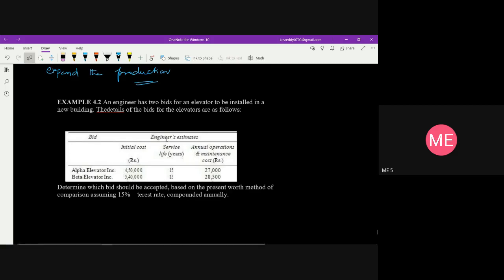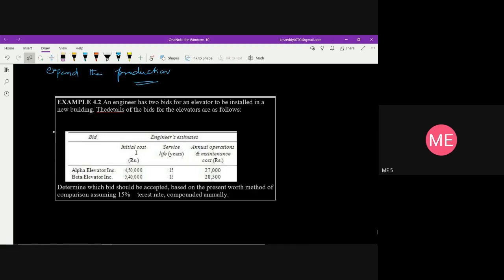In their estimations, the initial cost for the Alpha elevator is 4,50,000, the service life is 15 years, and the operation and maintenance cost every year is 27,000. For the Beta elevator, the initial cost is 5,40,000, the service life is 15 years, and the annual operations and maintenance cost is 28,500.